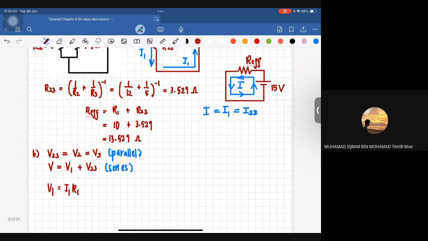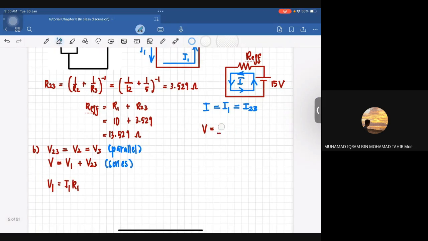Okay, so dari sini I is equal to 15 divided by the effective resistance, 13.529, which gives you, berapa nilai dia? 1.11 ampere.